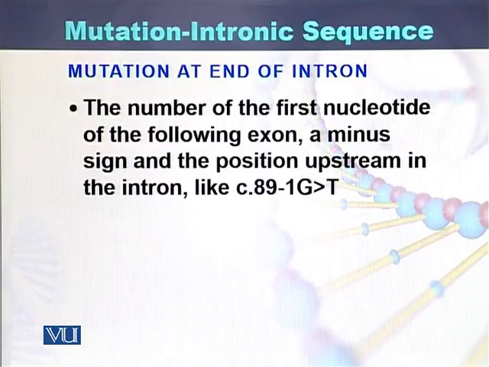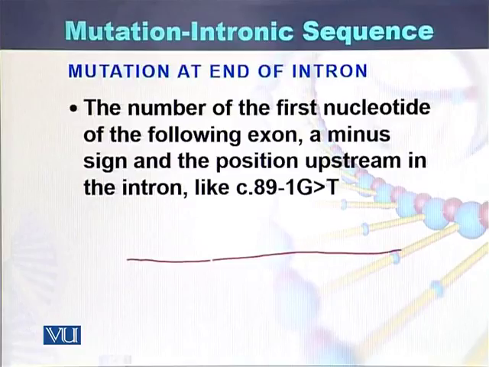How to write a mutation which is present at the end of an intron? Take the example that this is the sequence of the gene, this is exon 1, this is intron 1, and this is exon 2.